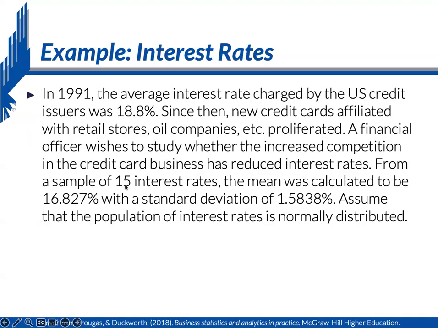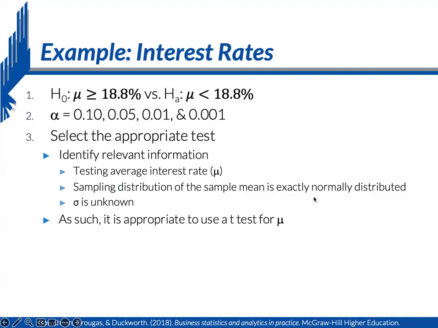Our sample size is 15, but that is okay because the problem tells us that the individual interest rates are normally distributed. So since the distribution itself of the variable is normal, then there is no need for the central limit theorem. The sampling distribution is already exactly normal.